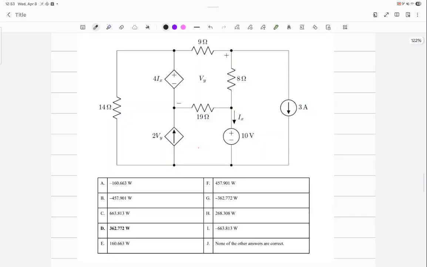What should you do? I wouldn't go for nodal. Why not? Let me see. Actually, it doesn't matter. Both of them give you the same number of equations. You think mesh would be better for it?